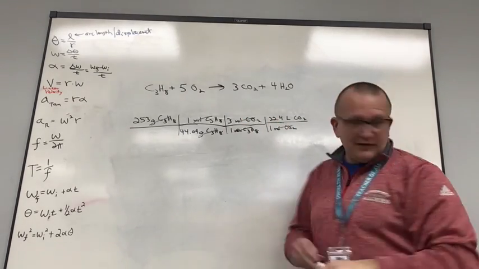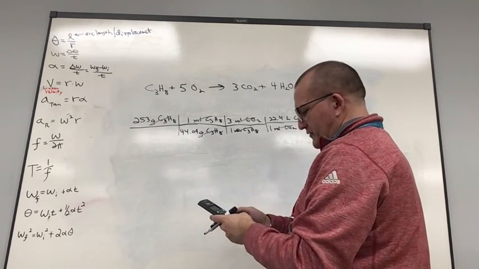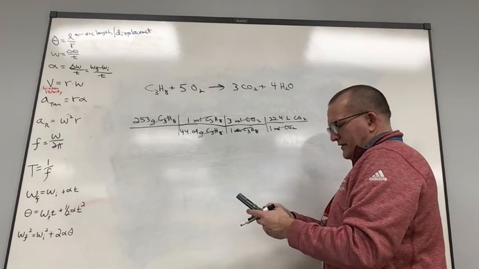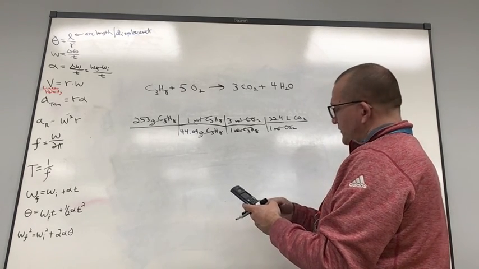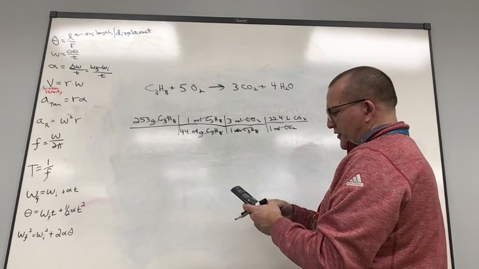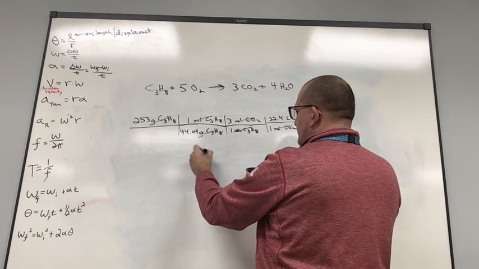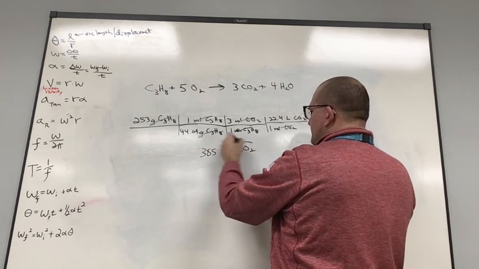And this will tell us our volume in liters, which is kind of a big thing to try to measure, but we're going to try it anyway. So we're going to take 253 divided by 44.09 times 3 times 22.4. We get a pretty big number, 3 sig figs, 385 liters of CO2.